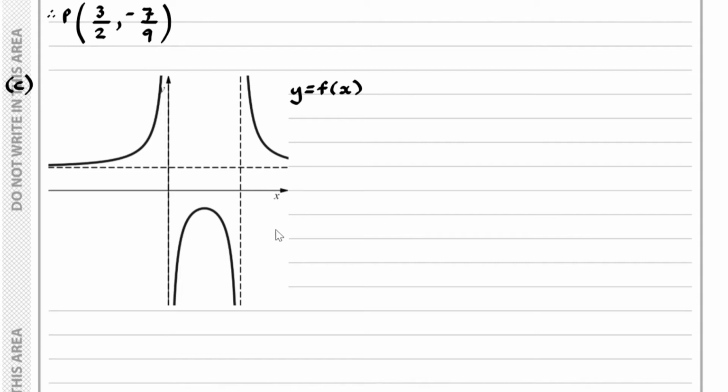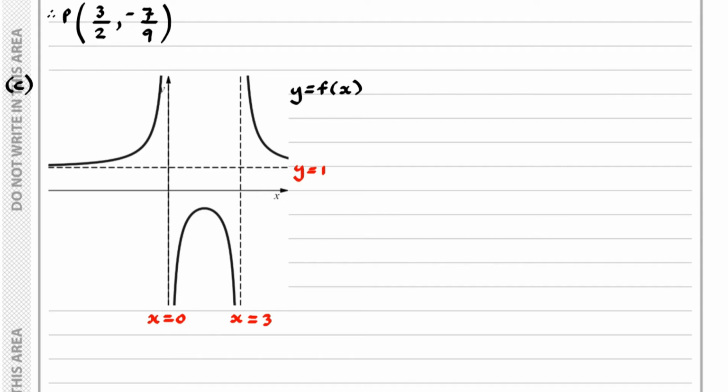Here we can see the graph of y equals f of x. We have our asymptotes, which have equations y equals 1, x equals 0, and x equals 3.